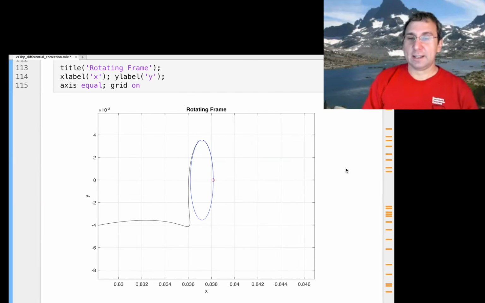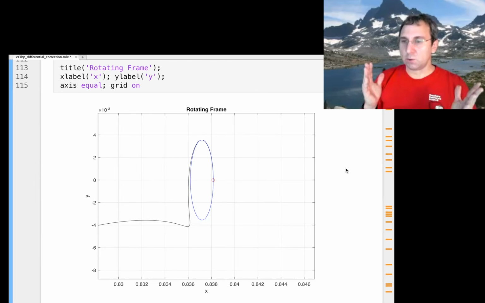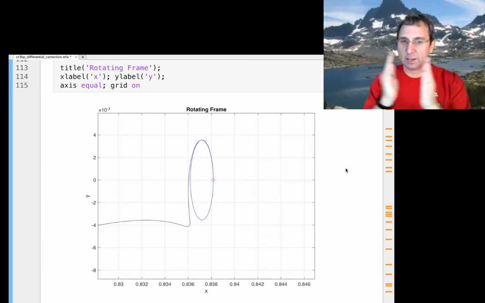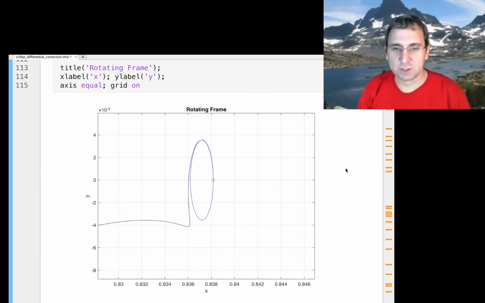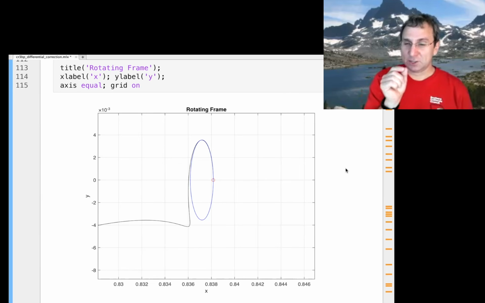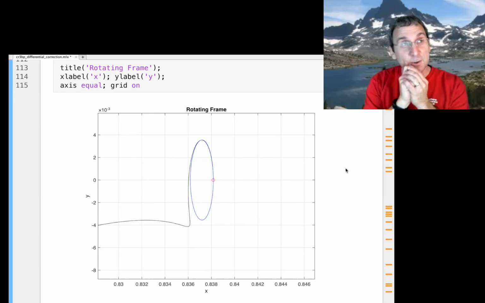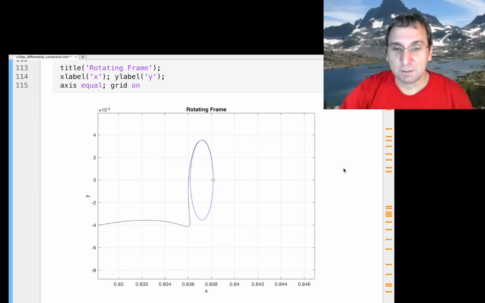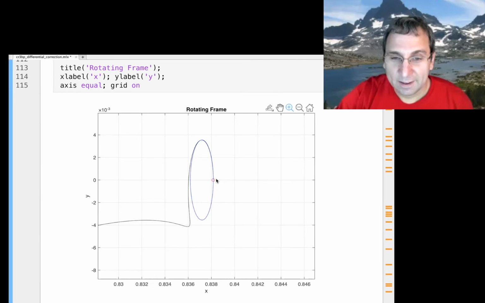If you wanted to get a larger periodic orbit, choose a periodic orbit that you want. Here, I just started with some initial condition and then differentially corrected it. Well, I could use this same initial condition, and what would I do? I would change the value of x a little bit.